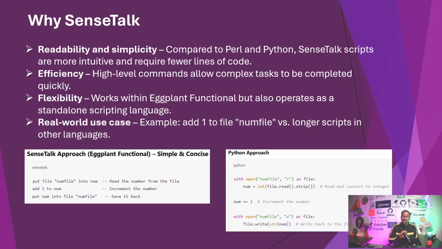And then here is one real world use case where you can compare how easy it is to write code in SenseTalk when compared to the Python coding language. The left screen shows you the SenseTalk approach for simple and concise coding.